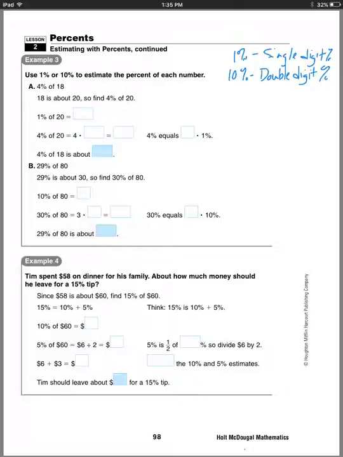Okay, so 4% is a single digit, so we're going to use 1%. Now we're going to round 18, so 18 is about 20. Okay, so we're going to find 4% of 20, so round to a whole number.